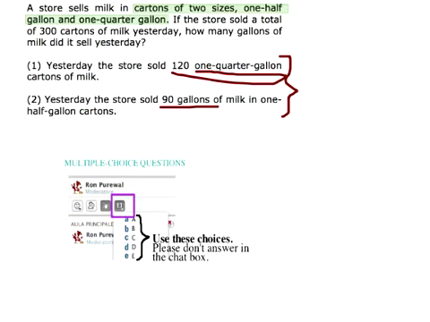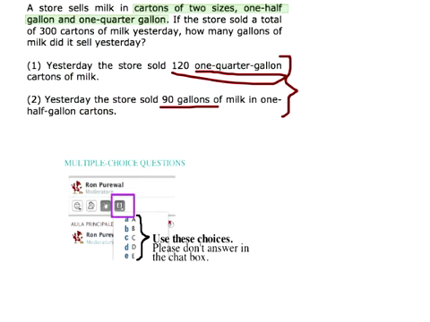Any ideas? What type of organizing of the information? You can name some variables. All right, let's do that.